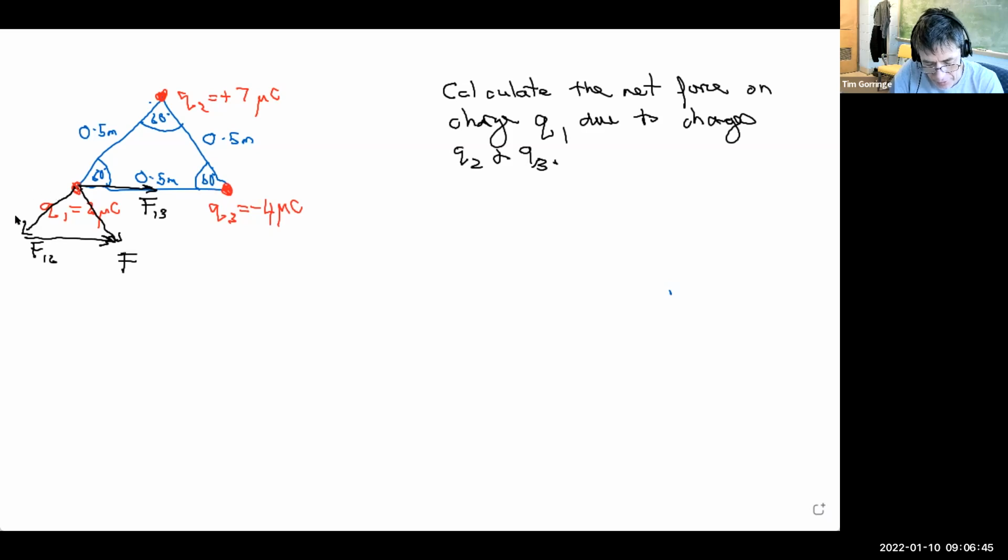So I could do it by adding F12 to F13, or I could do it by adding F13 to F12. But anyway, this vector here is the net force. This is ultimately what we want to figure out.